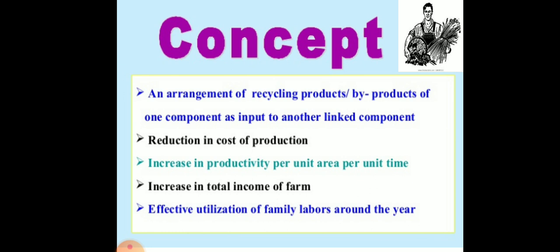And your crops, like for example, the corn, the rice, the vegetables, could be utilized as food also for your animals. And it reduces cost of production because you are producing your own feeds, you are producing your own fertilizers. Yung kulang na lang ang bibilhin for your farm.